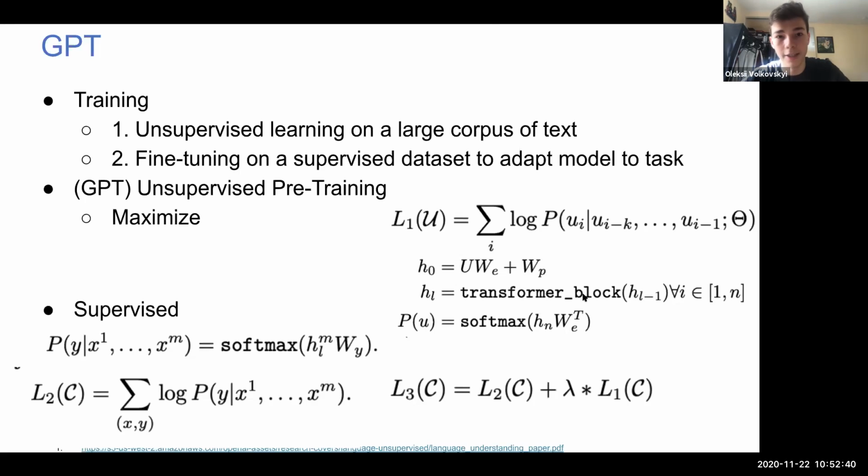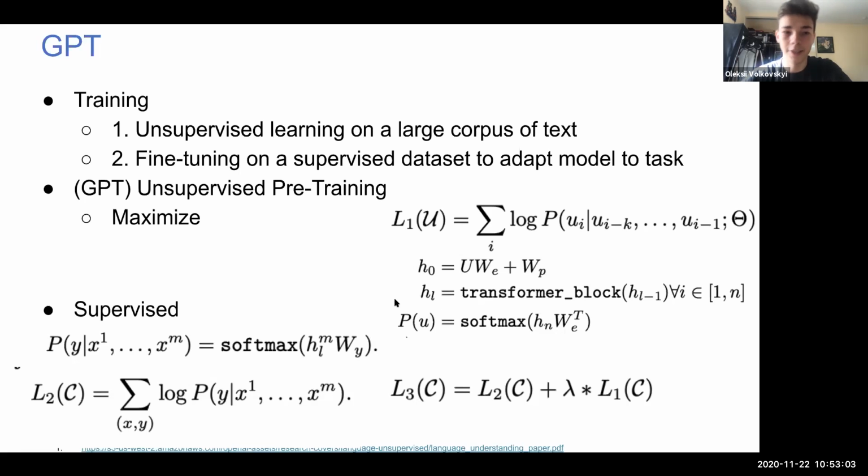And they just used a transformer. Sorry, they literally just use a transformer architecture like this. The notation you see on the right, with H0 through HL, is just applying another transformer block on top of each other.